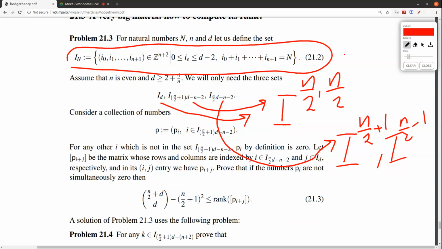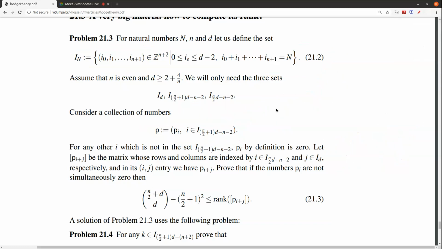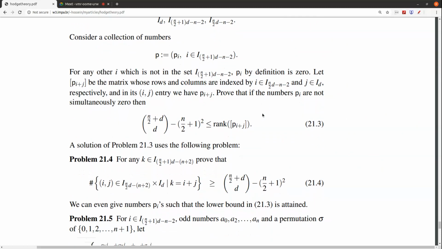They are just multi-indices, and you take a vector which is indexed by these. And in this context, they are just some complex numbers, because the idea is that I want to introduce a problem that you can think about without any knowledge of Hodge theory.